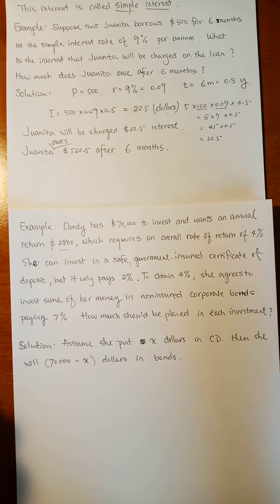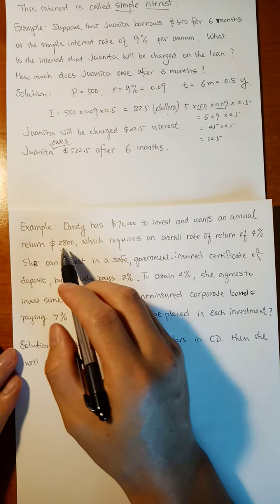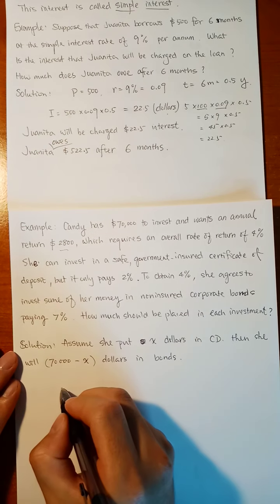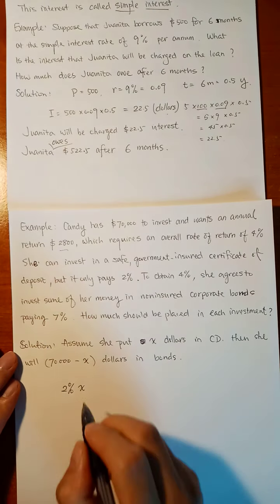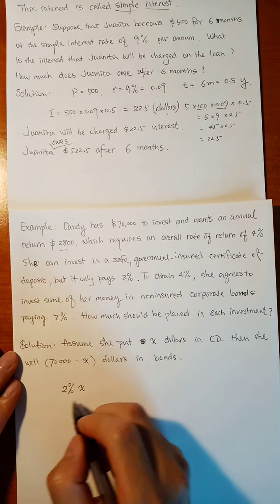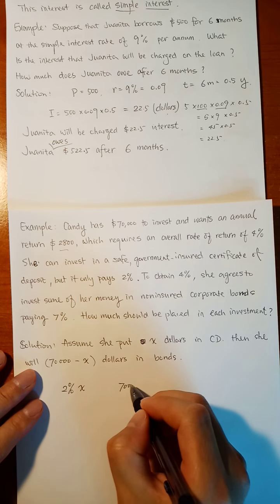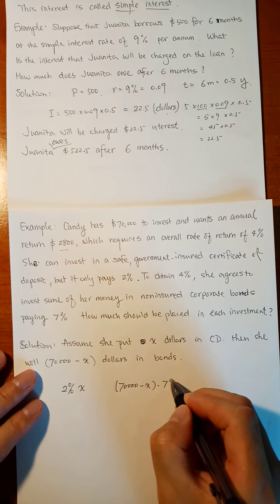Okay, then what is her goal? Her goal is to earn $2,800. CD will give you 2% times the principal. That's the return. And the 70,000 minus X times 7%.